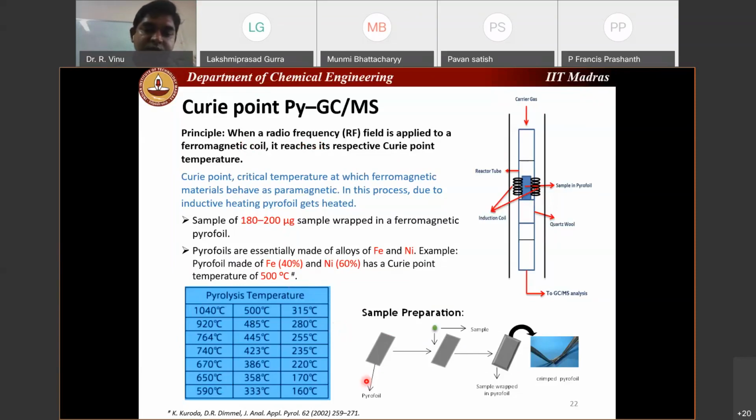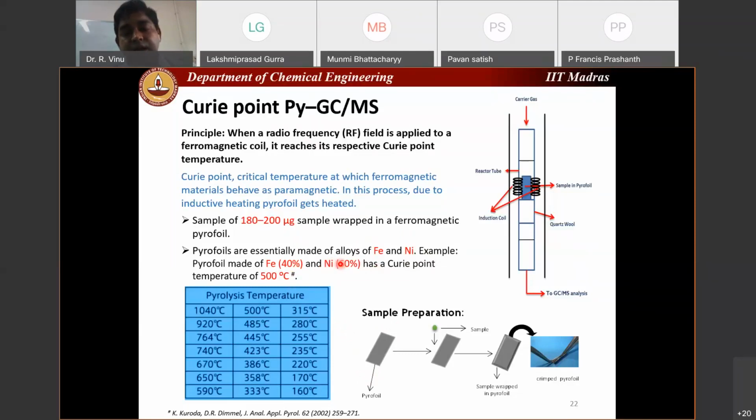What is done here is we have some special materials called pyrofoils. And what is this pyrofoil? The pyrofoils are essentially alloys which exhibit a specific Curie point temperature. That means if my pyrolysis temperature has to be 500, I have to choose a pyrofoil whose composition is Fe40 and nickel 60.